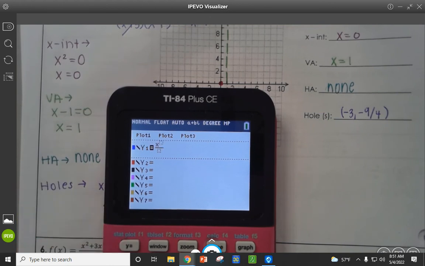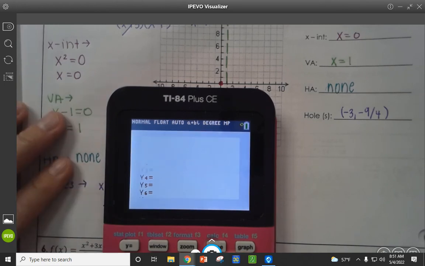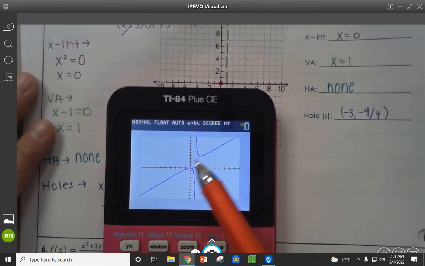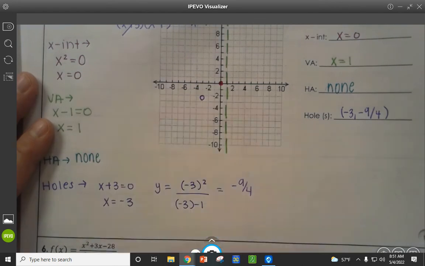And we're almost out of time. x cubed plus 3x squared over x squared plus 2x minus 3. So this one actually has an asymptote that's diagonal. But we're not doing any of those.